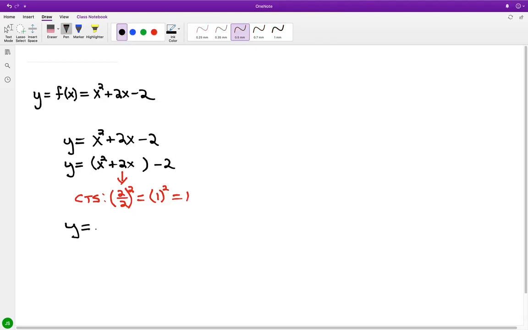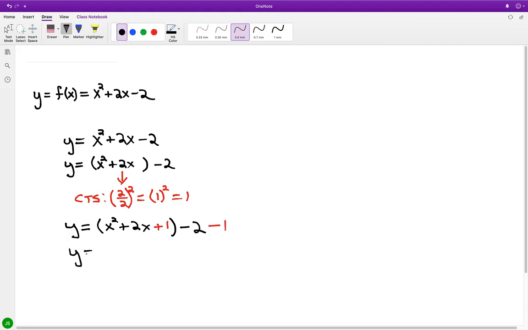And applying what I have here, so we have y is equal to x squared plus 2x, and I have plus 1. And to keep it level, now I'm adding 1 at the front, and to keep it all in balance, I'm going to take away 1.